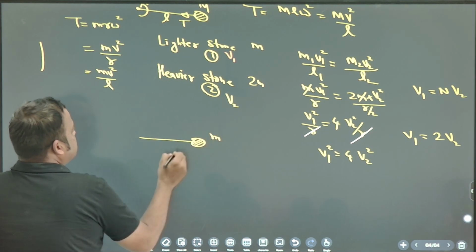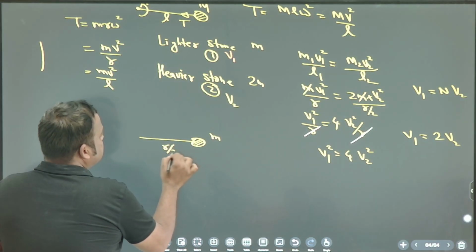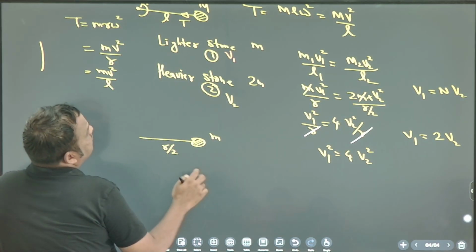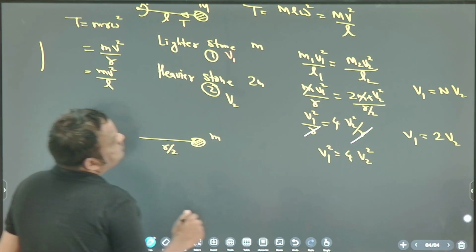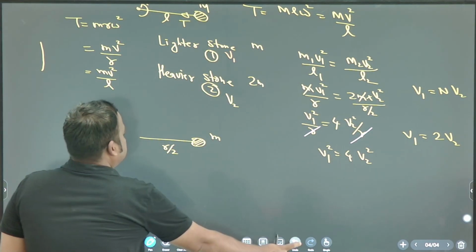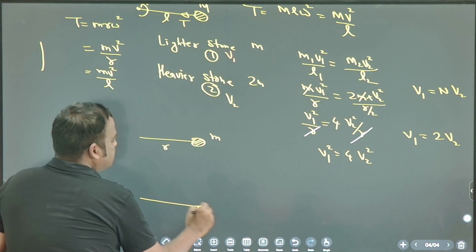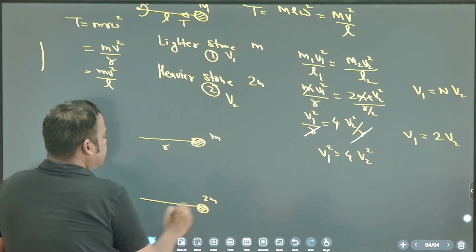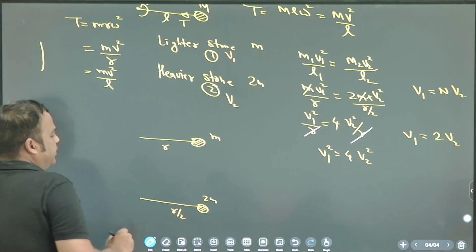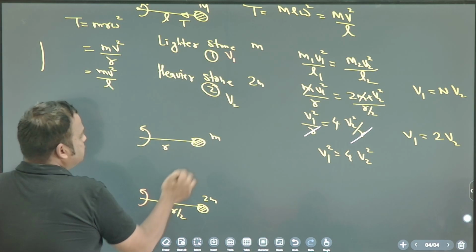One stone of mass m, radius r, and second stone, mass is 2m, radius r by 2. They are performing circular motion.